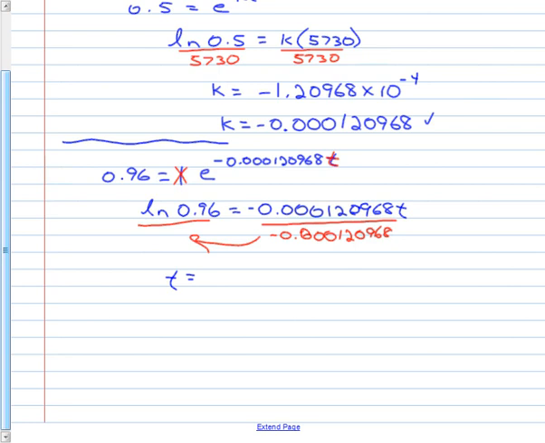And it says 337. So 337 rounds to 340 years for the nearest 10, the nearest tens place.